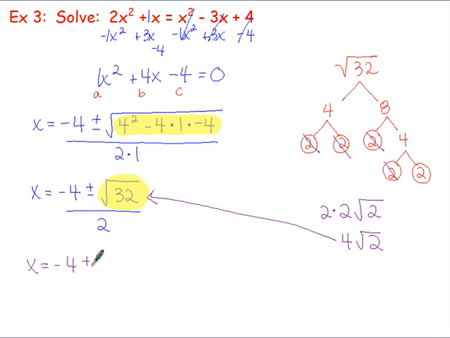-4 plus or minus 4 square root of 2 divided by 2. Now this is one that we had to use a factor tree. We're not going to solve and find the answers like we did on examples 1 and 2. But we do have one more step we can do, and that's division.